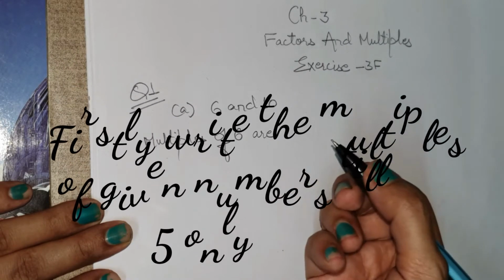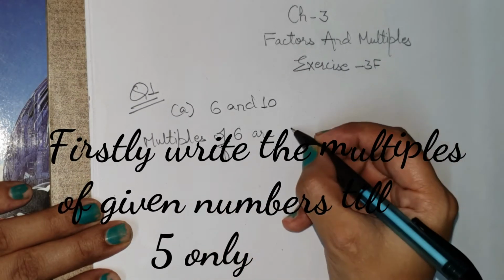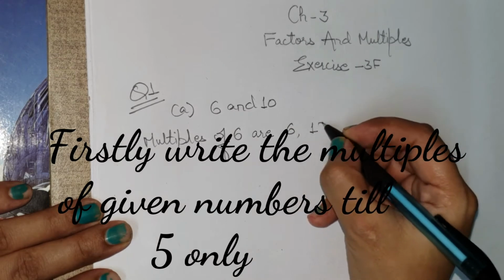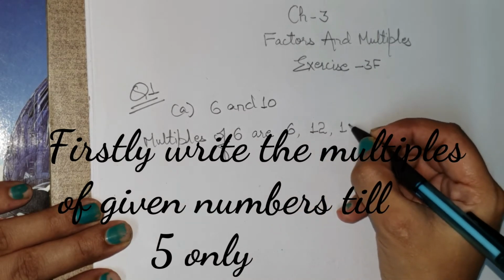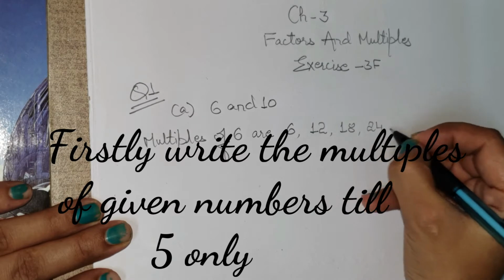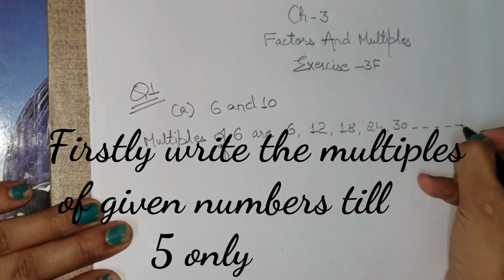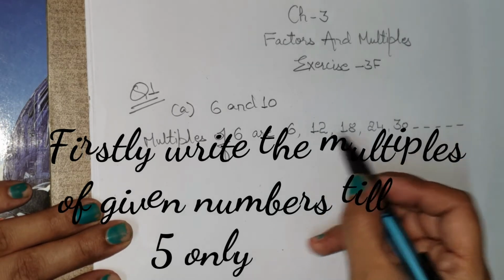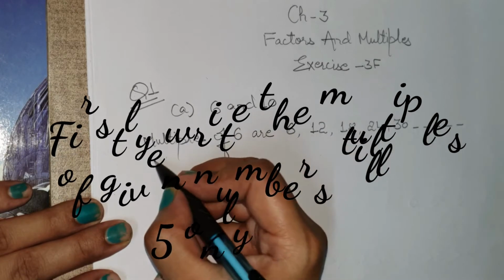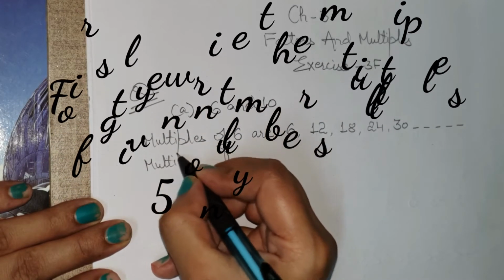So multiples of 6 are 6 1s are 6, 6 2s are 12, 6 3s are 18, 6 4s are 24 and 6 5s are 30. Many more multiples are there. As I told you, multiples are infinite, they never end, but we will find till 5 only.